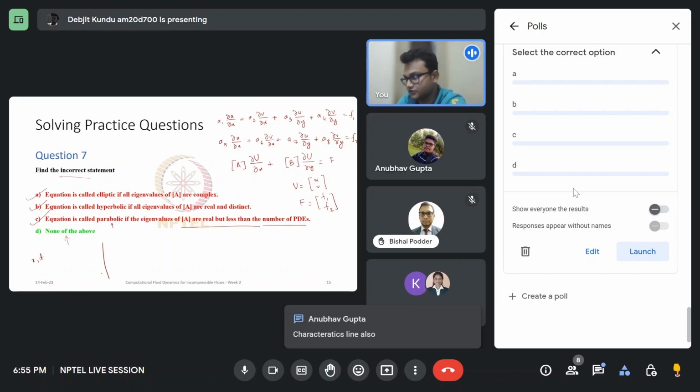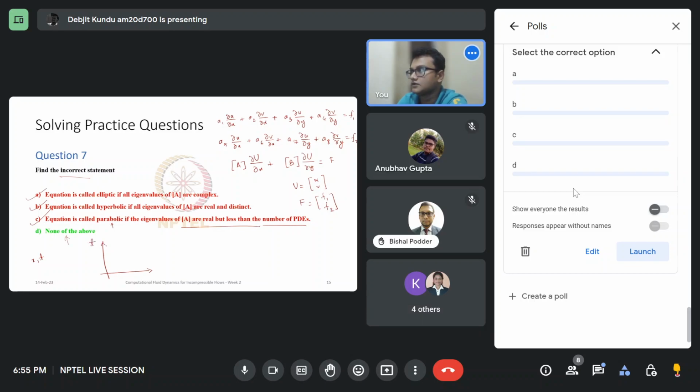Characteristic lines also, okay, we will get into that. So let's say this is our domain in x and t. Finding the solution means knowing the values in this entire field, which is called the domain. So in all x and t, we need to know the solutions.